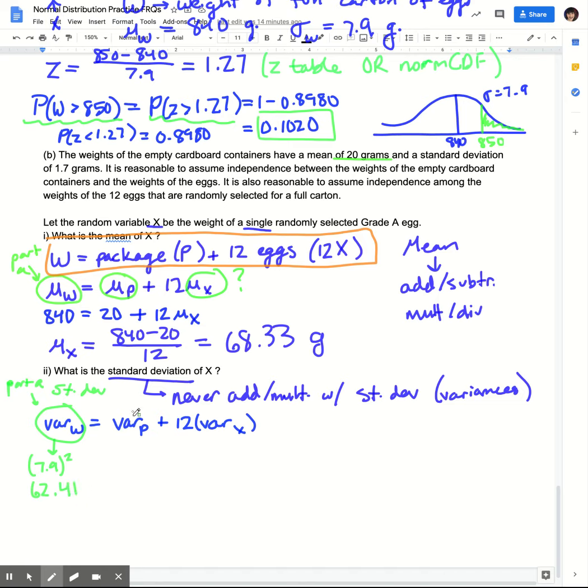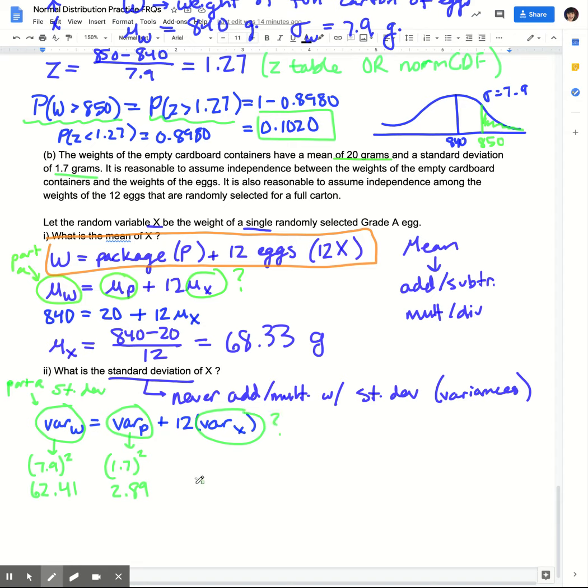My standard deviation for the packaging was 1.7. So the variance is 1.7 squared, and that value is 2.89. And then this again is my unknown. That's what I don't know.